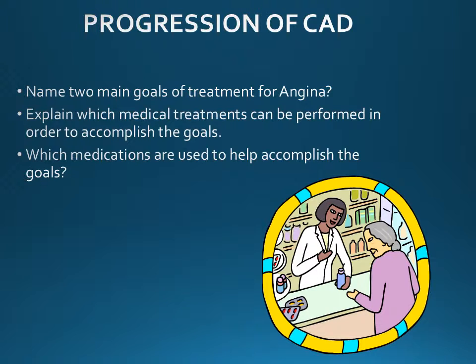They could use ACE inhibitors, which would decrease the volume of blood and lower blood pressure. Antiplatelets like a baby aspirin to inhibit clotting or the formation of a thrombus. And calcium channel blockers, which also relax and vasodilate the arteries. All of these medications can lower blood pressure as well, except for the antiplatelets.